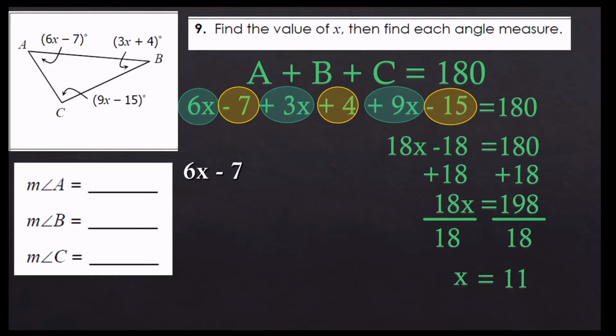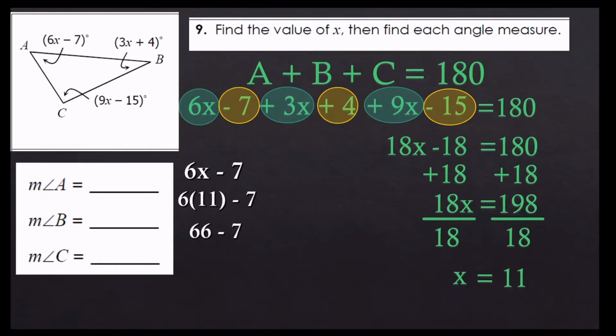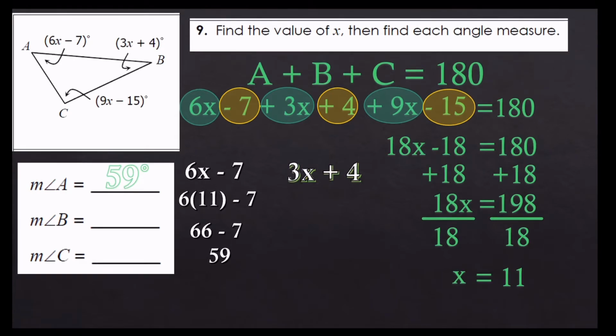So I'll start with A. I replace the x with its value. That x is now 11. So 6 times 11 minus 7 would be 66 minus 7, which would be 59. So A is 59 degrees. I do the same thing with B. I replace the x in the 3x with 11.